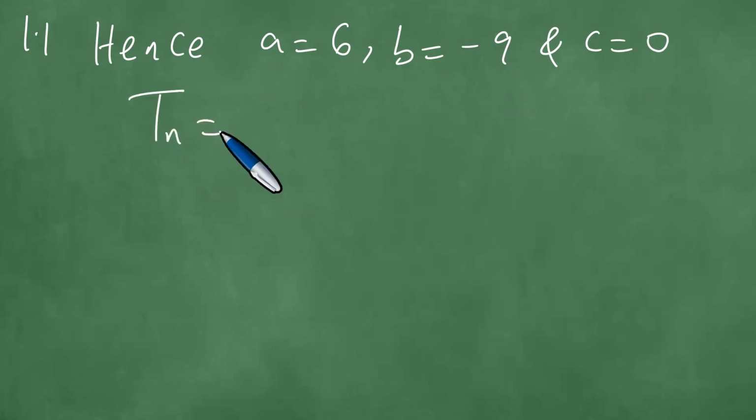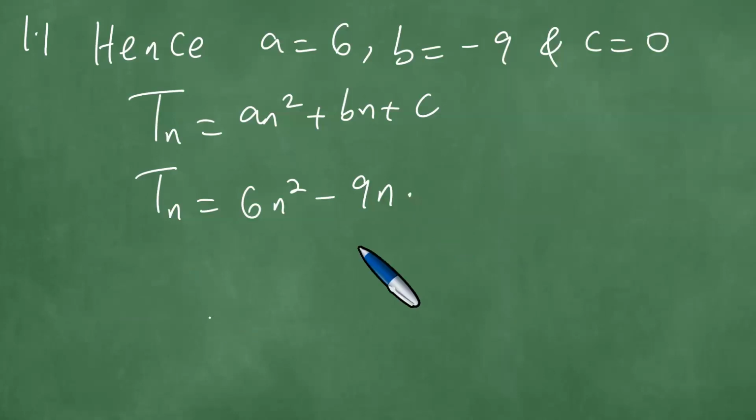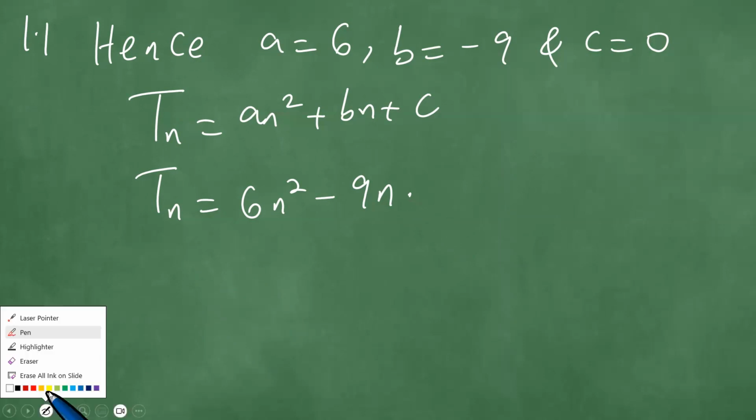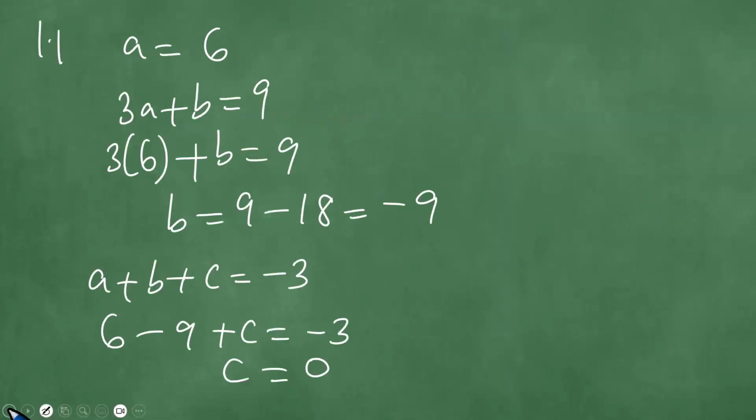Making t sub n equals an squared plus bn plus c, which means that t sub n equals 6n squared minus 9n plus 0. We had to find the general term, and this is the answer. This here is the general term, and we have found the results.